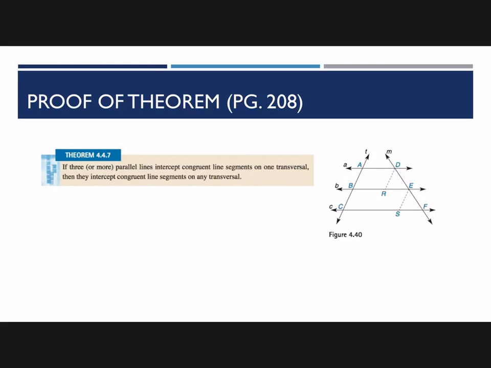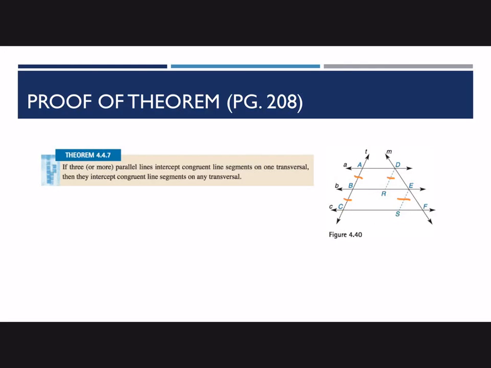Well, we know that their opposite sides are congruent to each other. So I know that DR and AB are the same. And we already assumed that AB was the same as BC. And now in this bottom parallelogram, I know BC is the same as ES. So by transitive property, I know that DR and ES are congruent.